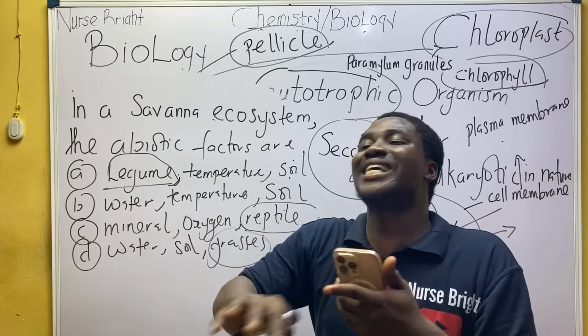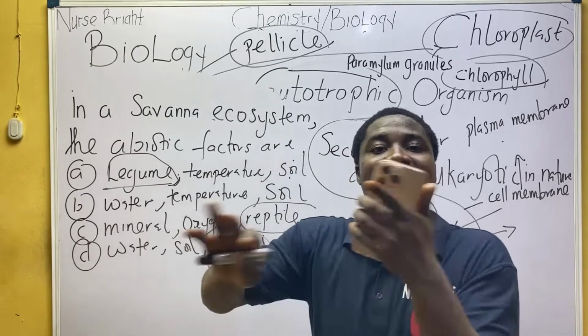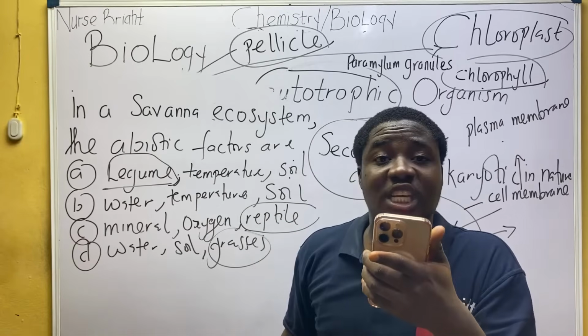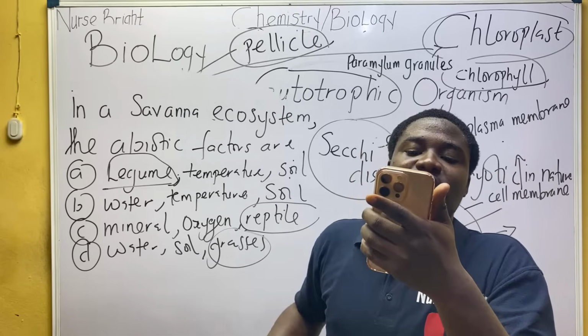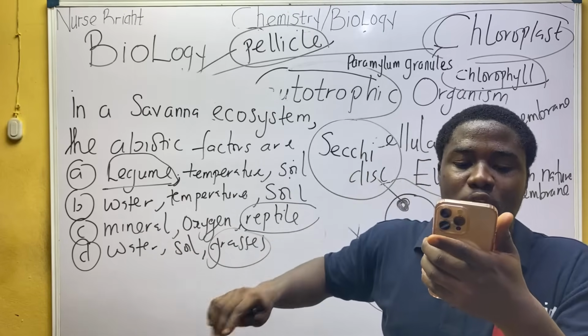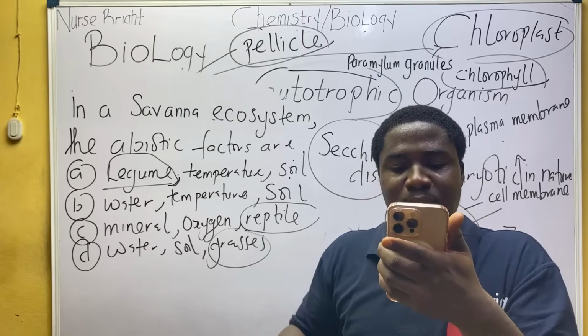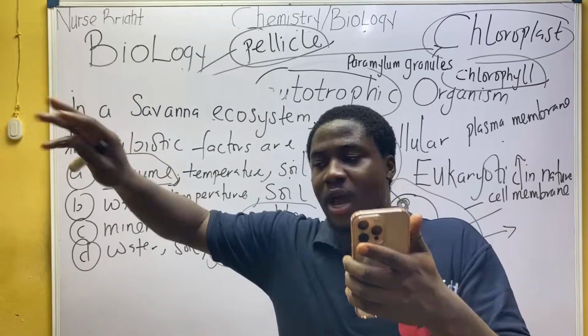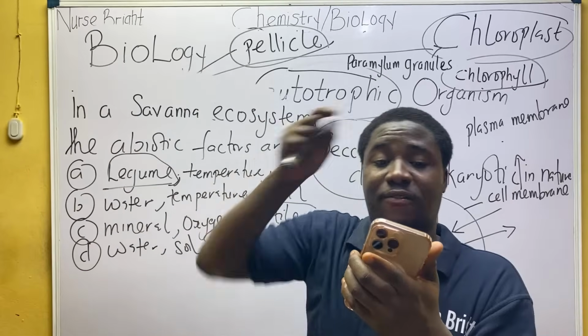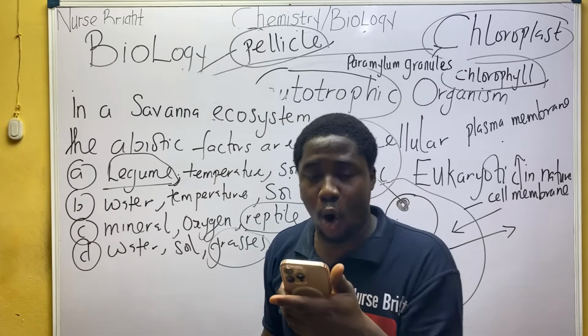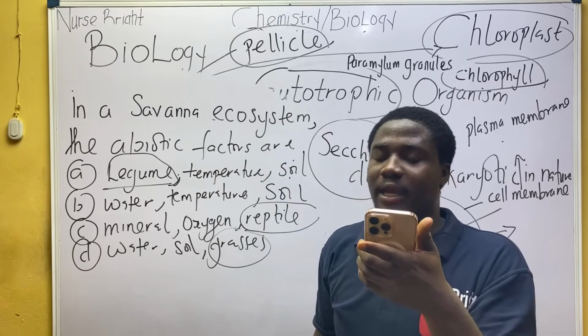So in summary, you are seeing organisms here, things that have life. So option A, abiotic, is wrong. Abiotic has to do with things that do not have life. Is it physiographic? Not correct.